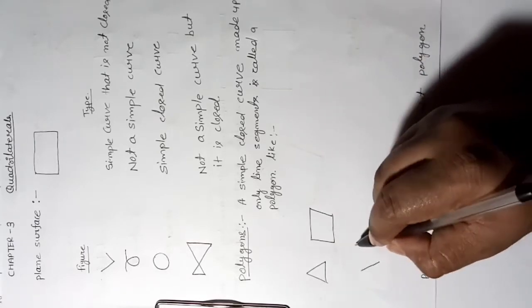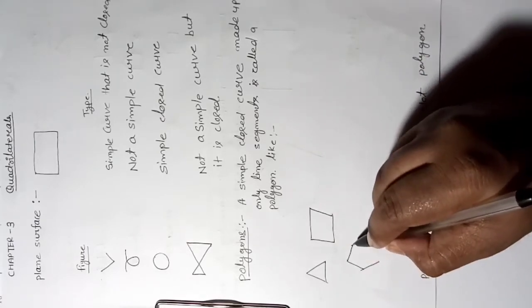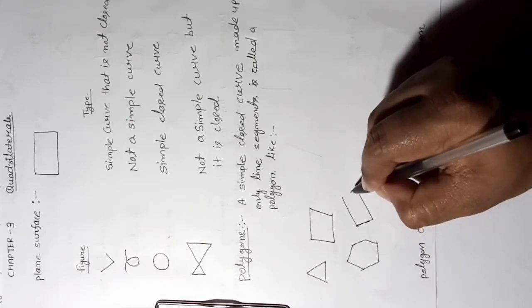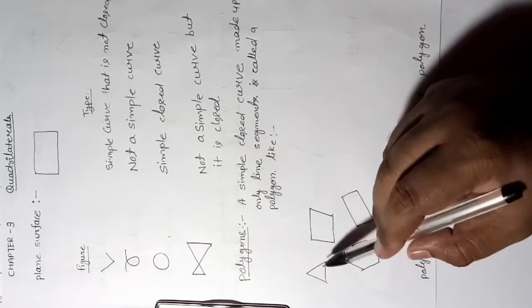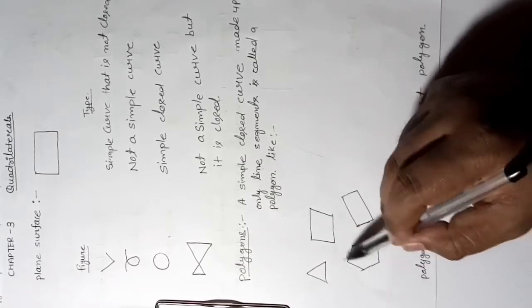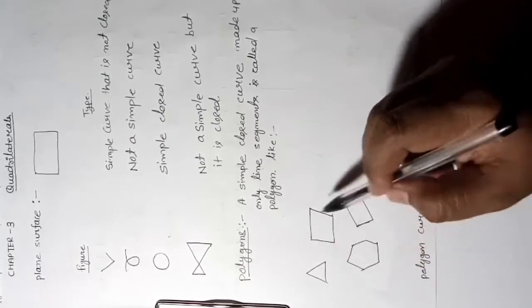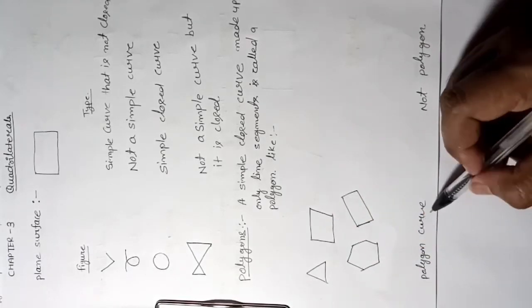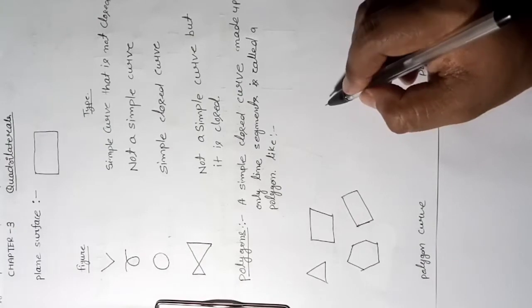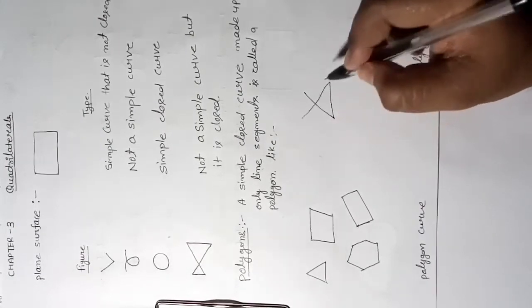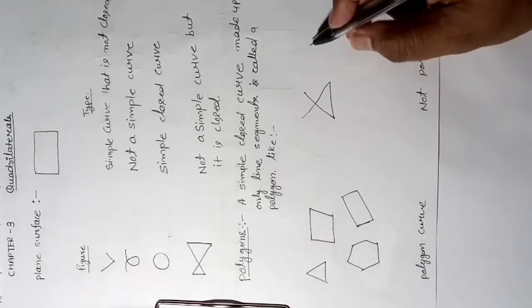Your pentagon, hexagon, rectangle, square, right? Whatever you want to make like this, we get polygons, right? Polygons are made of various line segments, it's a closed curve, which is made of various lines. So this is called a polygon, and curves which we call not polygons, right? This is not a polygon.